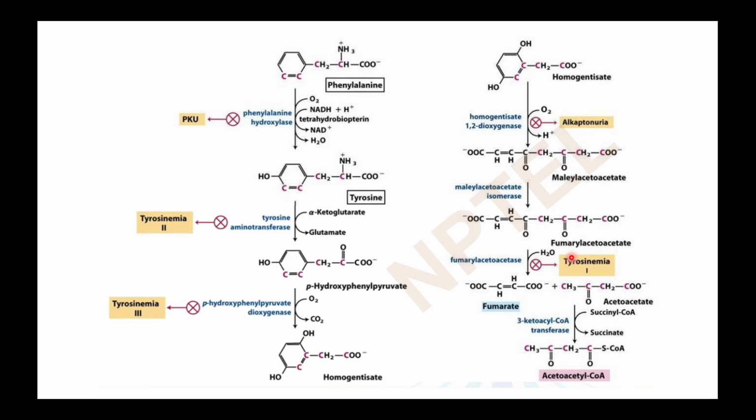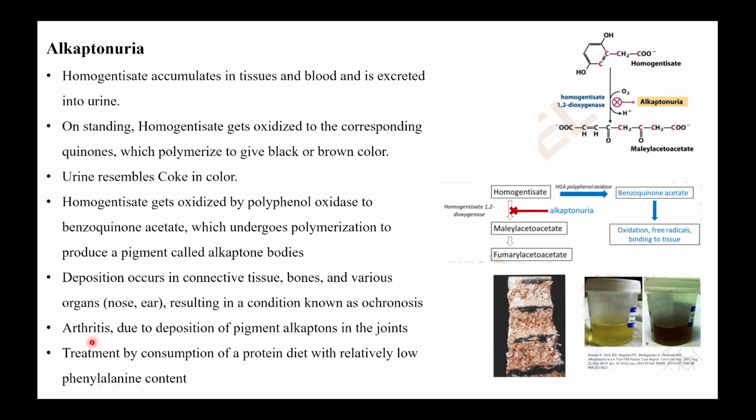Okay, so right now we are talking about alkaptonuria. Alkaptonuria is caused due to the defect in the homogentisate 1,2-dioxygenase enzyme that converts homogentisate into maleylacetoacetate. As a result, since this enzyme is defective, homogentisate will keep accumulating in the tissues and blood, and it is excreted in urine.